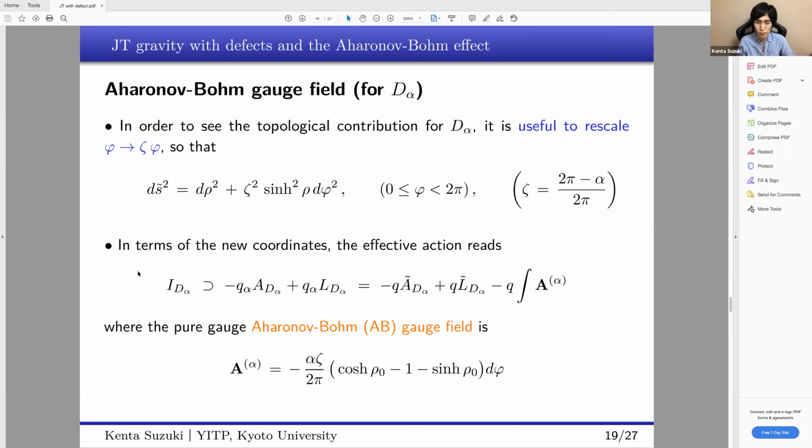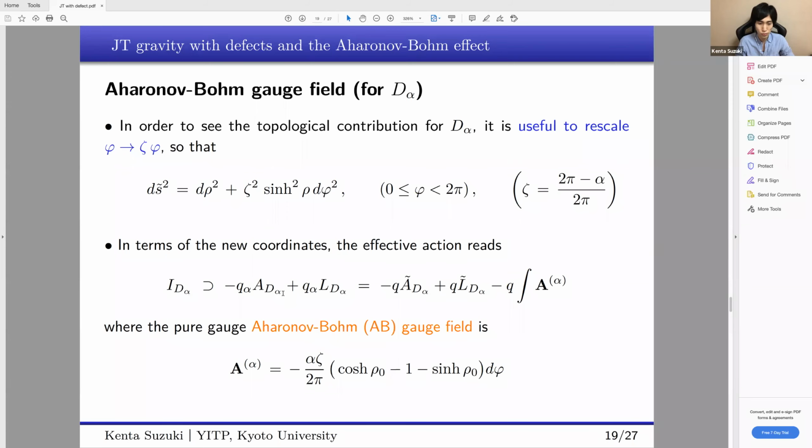And for this punctured disk geometry, we had the on-shell action, which had an area contribution and a boundary circumference contribution. Here I excluded the topological contribution, which is just constant and does not play any crucial role here. And this area contribution and boundary circumference contribution were written in terms of the original coordinates before this rescaling.